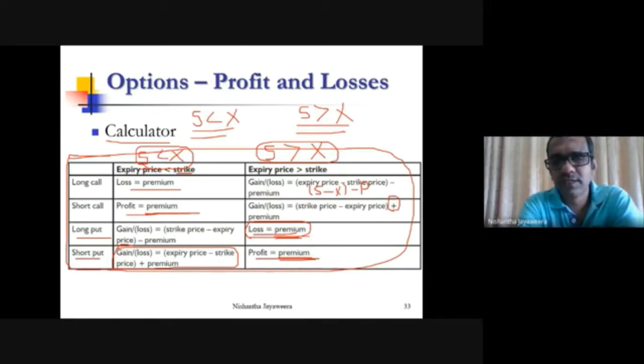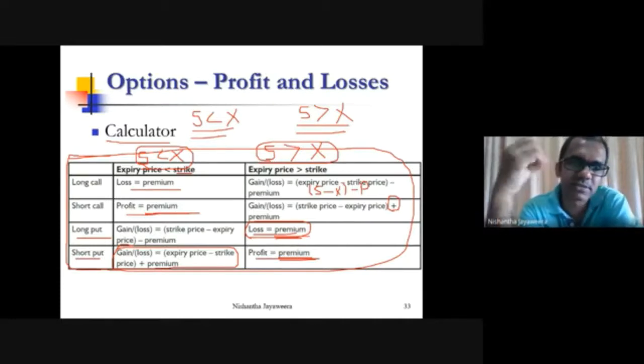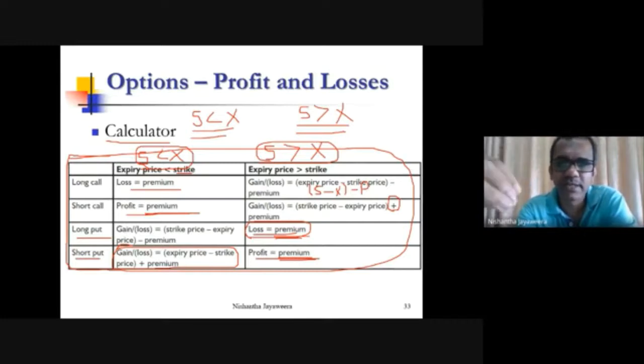So far we discussed call options and put options, and we just introduced American style and European style options. Whatever options we discussed, the strike price is fixed. At the beginning, we fix the strike price, at what price the option buyer can buy the asset or sell the asset.